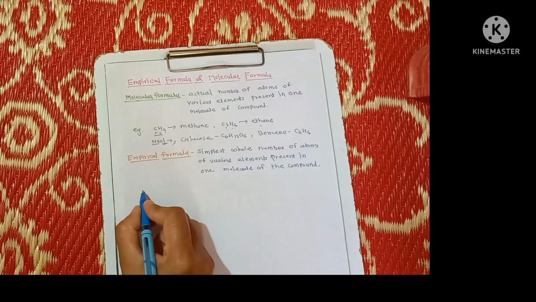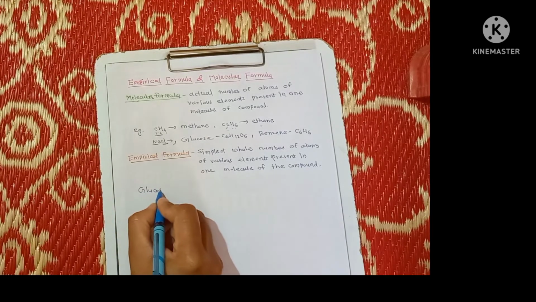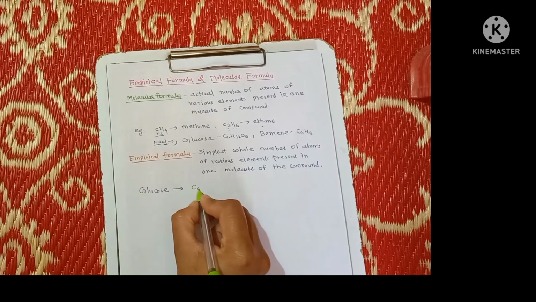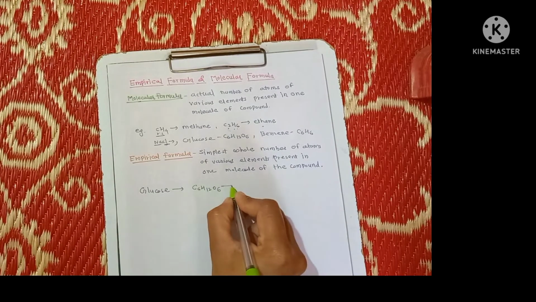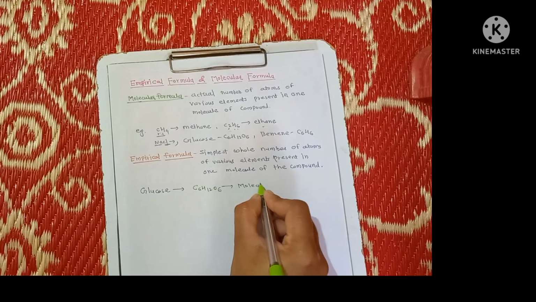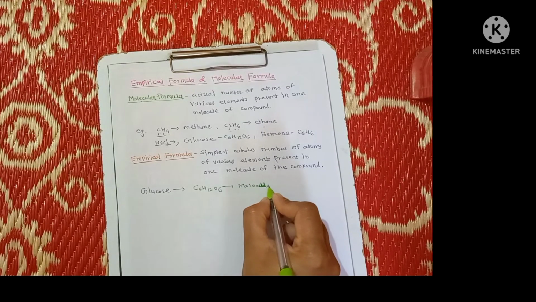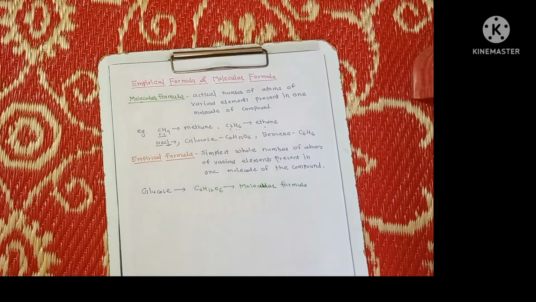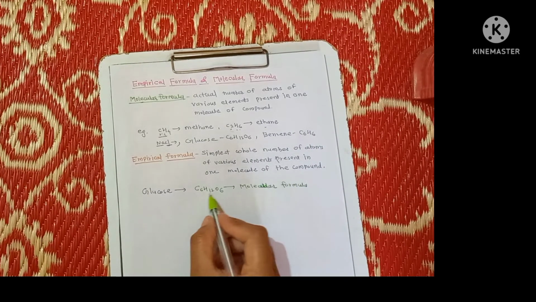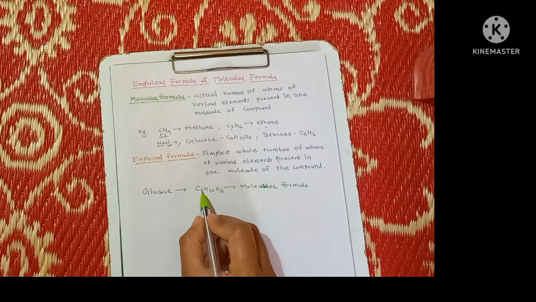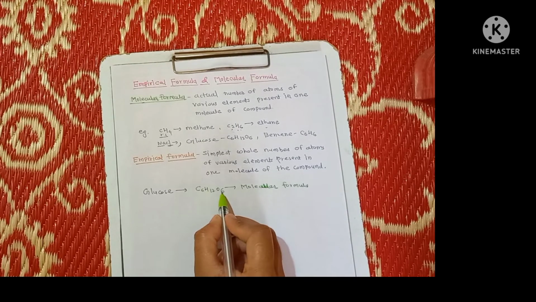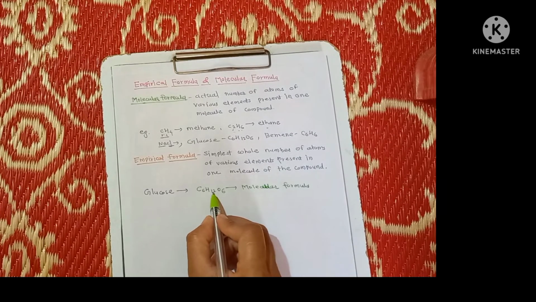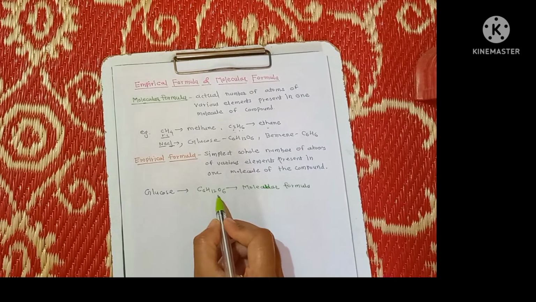Suppose we take one example of glucose. What is the molecular formula of glucose? It is C6H12O6. Means one molecule of glucose consists of 6 atoms of carbon, 12 atoms of hydrogen, and 6 atoms of oxygen.